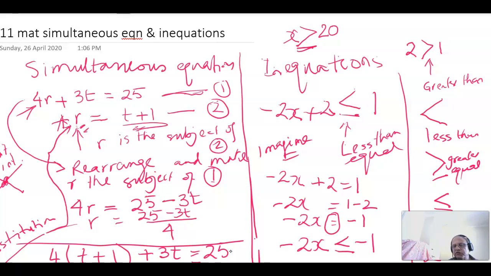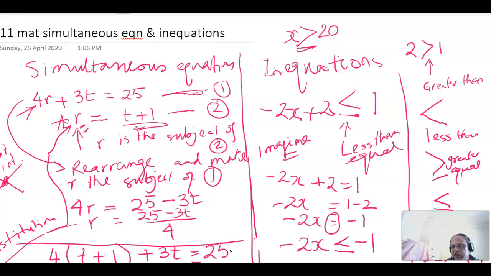I know something, 2 is greater than 1, isn't it? If I multiply both sides by negative 1, what is going to happen? It will be negative 2. Is it questionable? Greater than negative 1. Is it true that negative 2 is greater than negative 1? It's not true.